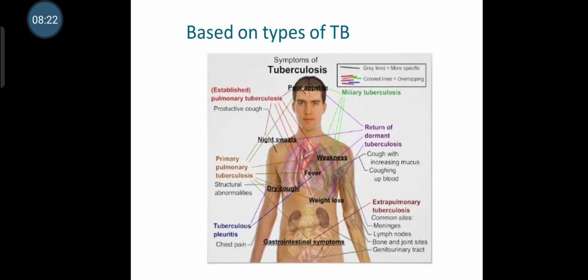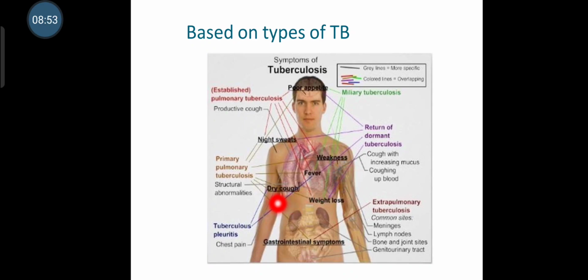Based upon the type of tuberculosis, there are several sites and several signs and symptoms associated with it. If it is pulmonary tuberculosis, it causes severe weakness, fever, weight loss, productive cough, night sweats, etc. But if it is primary pulmonary tuberculosis, then some structural abnormalities occur.